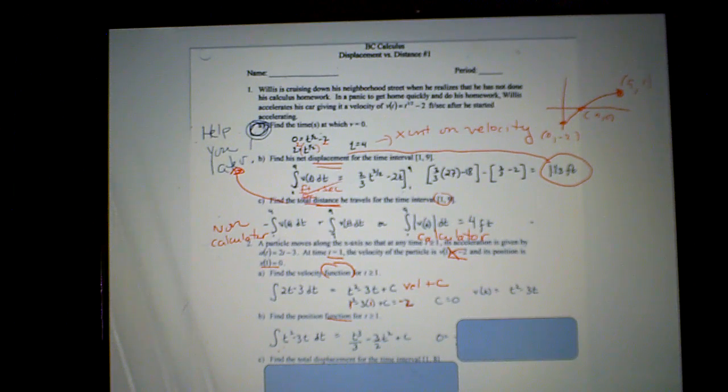So I anti-differentiated velocity to get position plus c. Then I used my initial condition. At 1, position was 0, so there's 0, and here's me plugging in 1, and I got my position function.